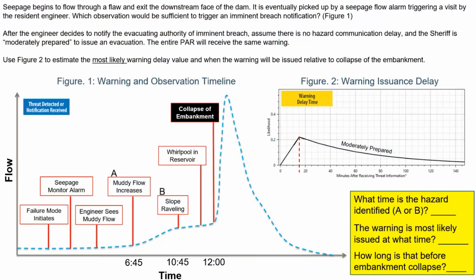Okay. Cool. Assuming you've done that math just in these times, how much time is there between when the warning goes out and when this breach starts to occur at midnight? How many hours between what you just calculated in step 2 and midnight?